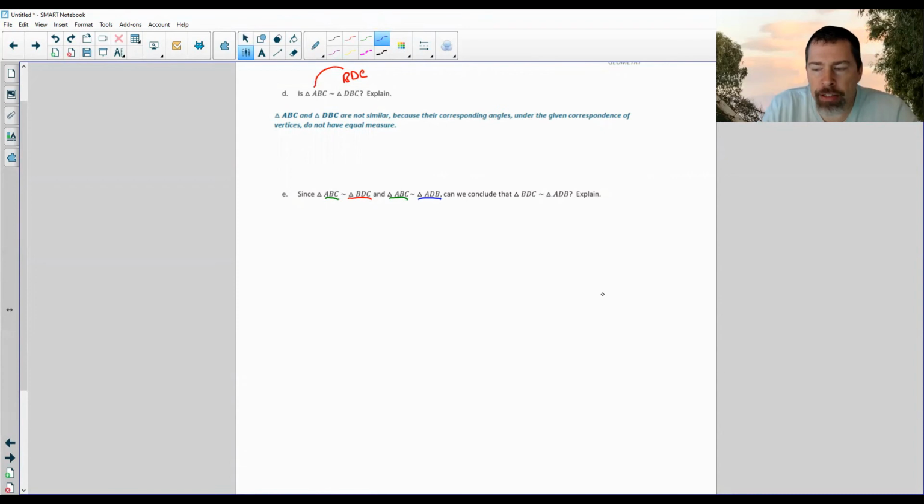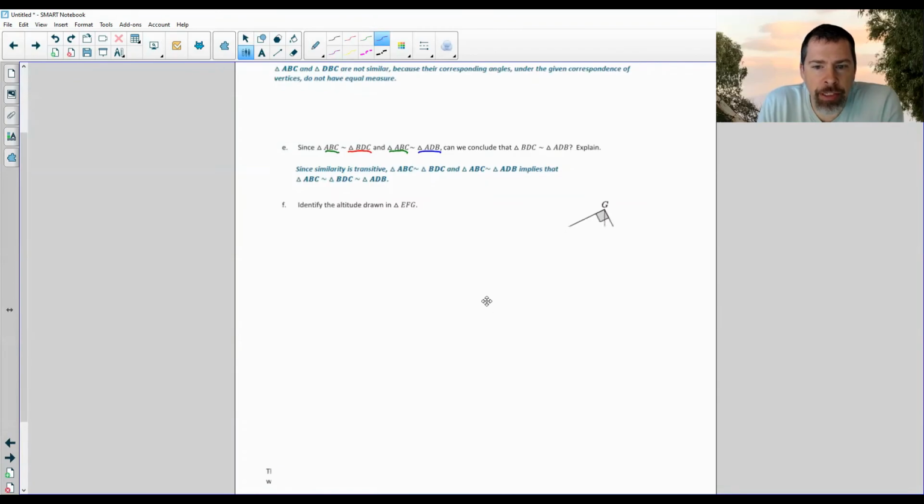That's the transitive property. So since similarity is transitive, triangle ABC is similar to BDC, and triangle ABC is similar to ADB, which implies that ABC is similar to BDC is similar to ADB. They're all similar triangles. Okay, transitive property.